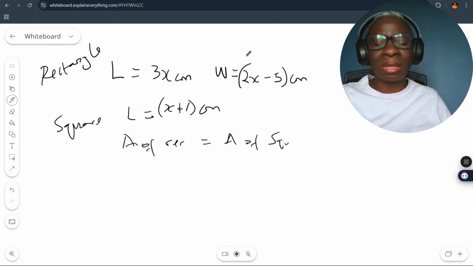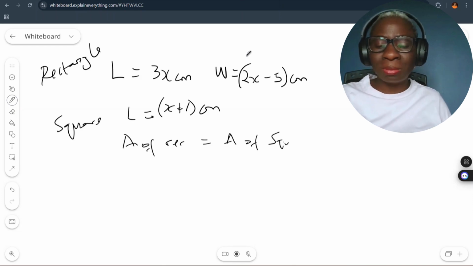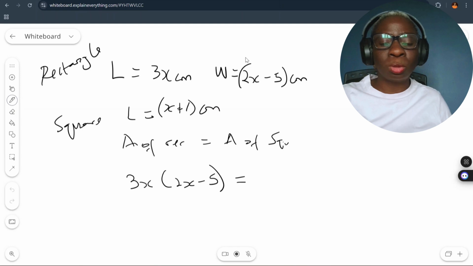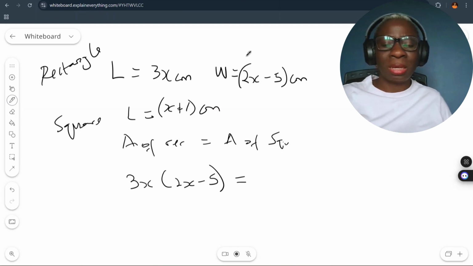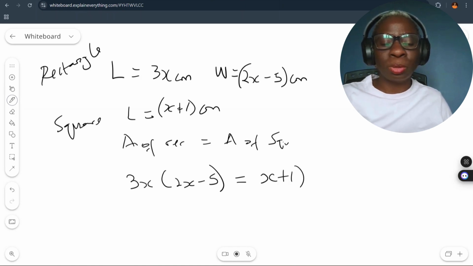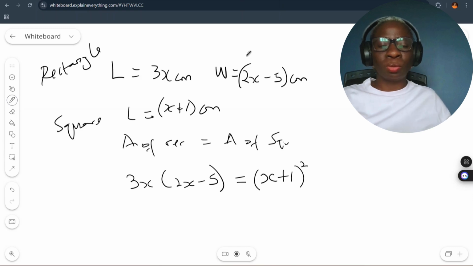What is the area of a rectangle? Length times breadth. So that means 3x times 2x minus 5 equals, what is the area of a square? Length squared. Yes, the area of a square is length squared. So that means this will be equal to x plus 1 power 2.